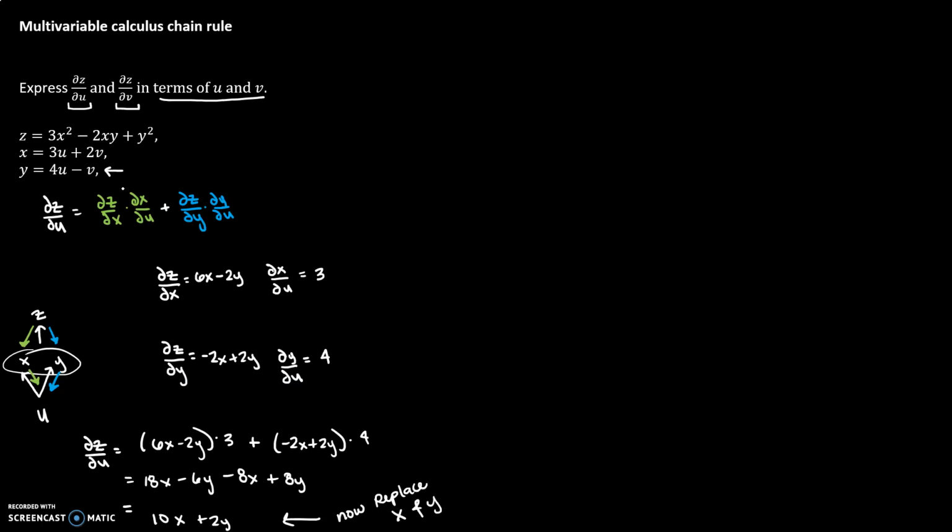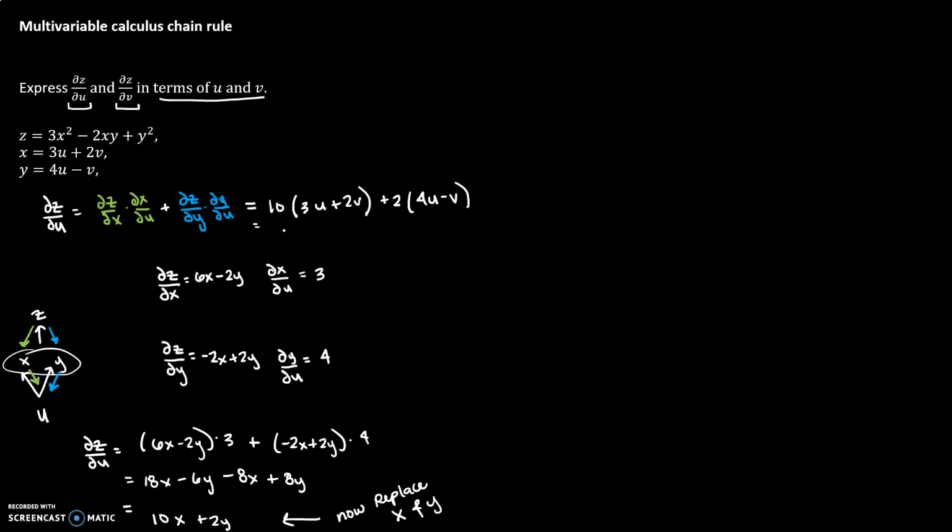So we know that x is 3u plus 2v. We know y is 4u minus v. When we go to write our final expression, dz du, we have that 10x plus 2y, but we're going to replace x and y with their definitions. So that'll look like 10 times 3u plus 2v plus 2 times 4u minus v.